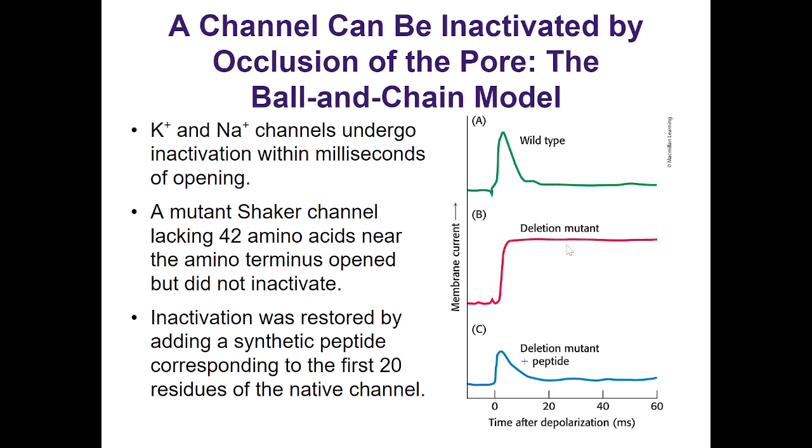So what would happen if a mutant shaker channel lacking 42 amino acids near the amino terminus opened but did not ever deactivate? What's going to happen to that membrane current? Yeah, it's like if your switch stopped working, got fused, right? You can't turn it off ever, can you?